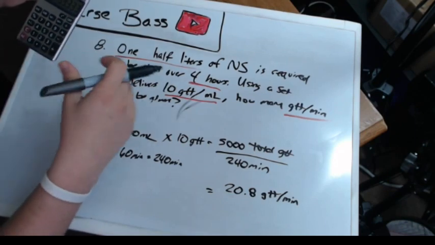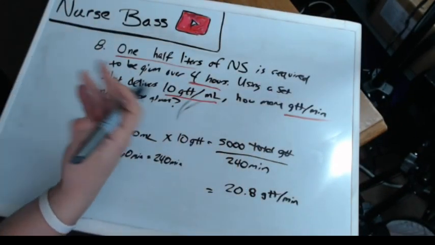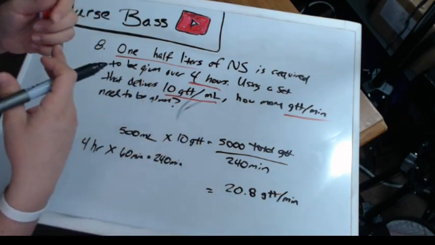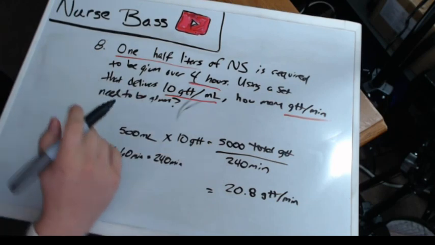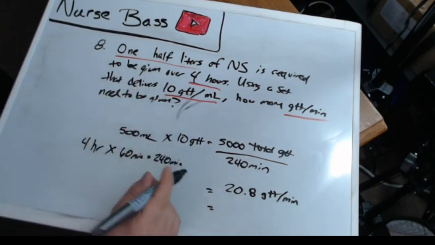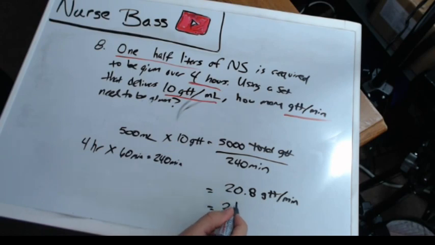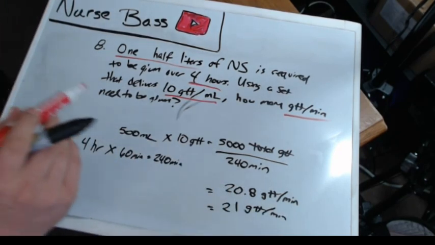There's no way that you could give 20.8 drops, right? You can't give 0.8 of a drop. It has to be 1 drop. And so these numbers have to be rounded. So if you have 20.8, what you really have is 21. You round up or you round down accordingly. 20 drops per minute. Or sorry, 21 drops per minute.